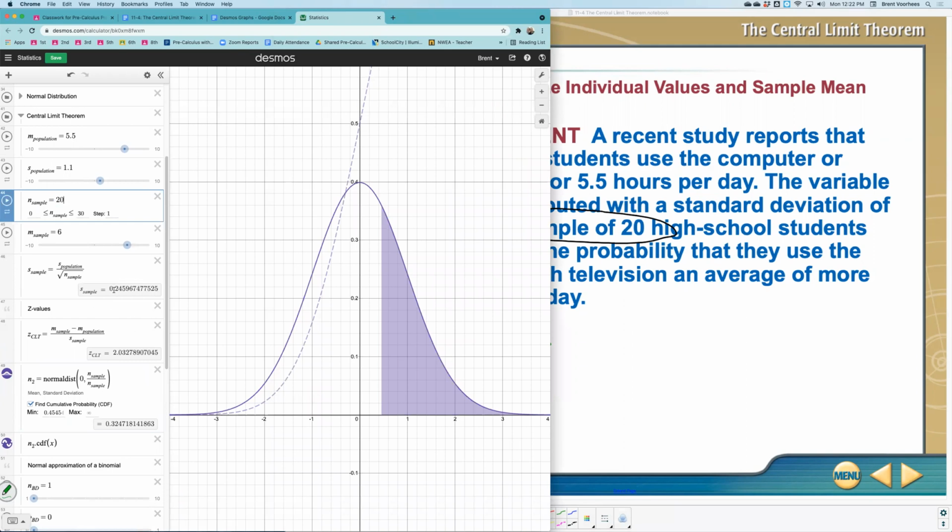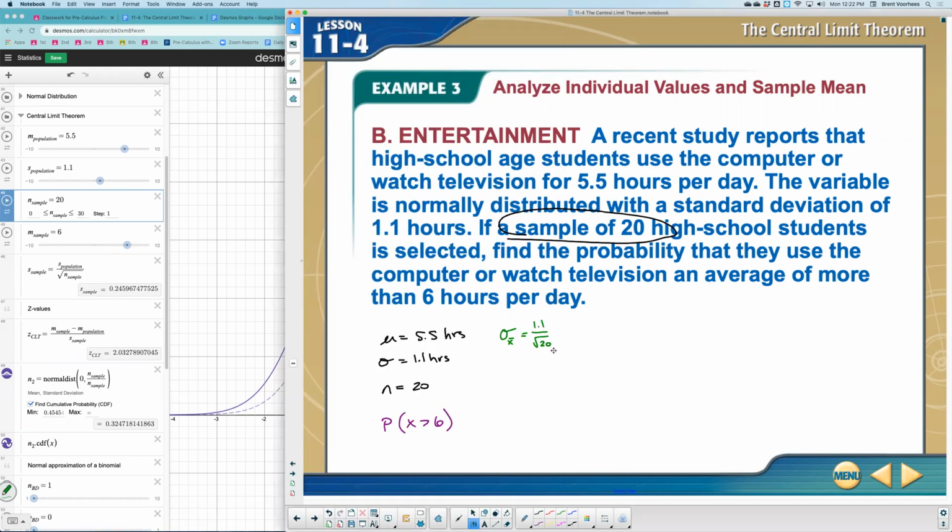That is approximately 0.246. Maybe I better put the 0 in front. 0.246. There we go.